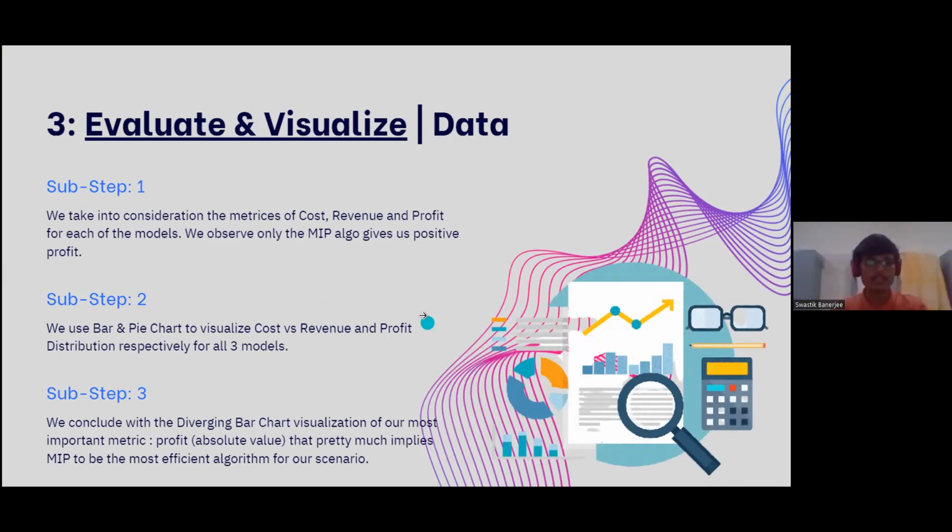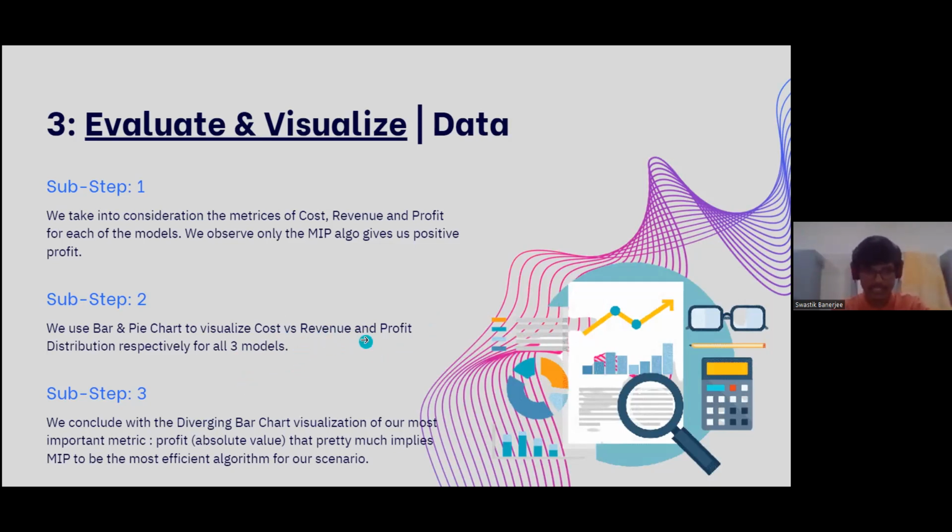Okay. So then we observe that the MIP algo gives us positive profit. As you would see, after applying all of the algos on the data set that we have, only MIP has given the positive profit. And then we will use bar and pie charts to visualize the cost versus revenue, the evaluation metrics, and the profit distribution respectively for all three models.